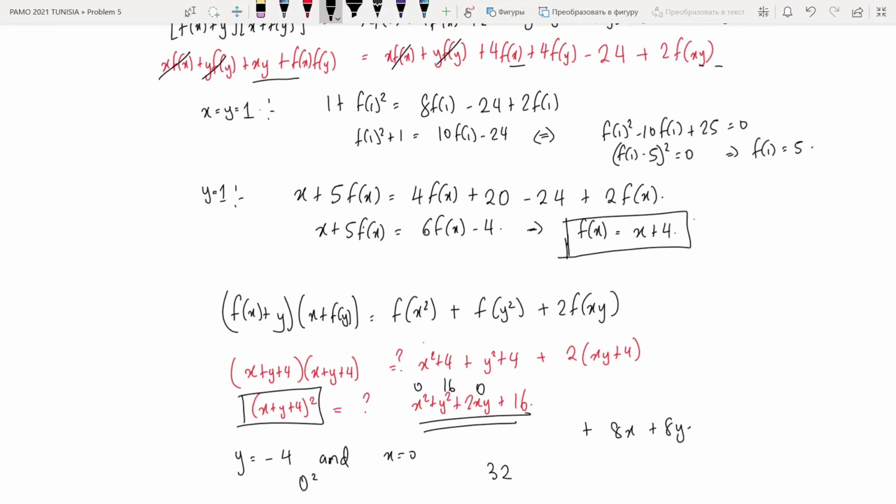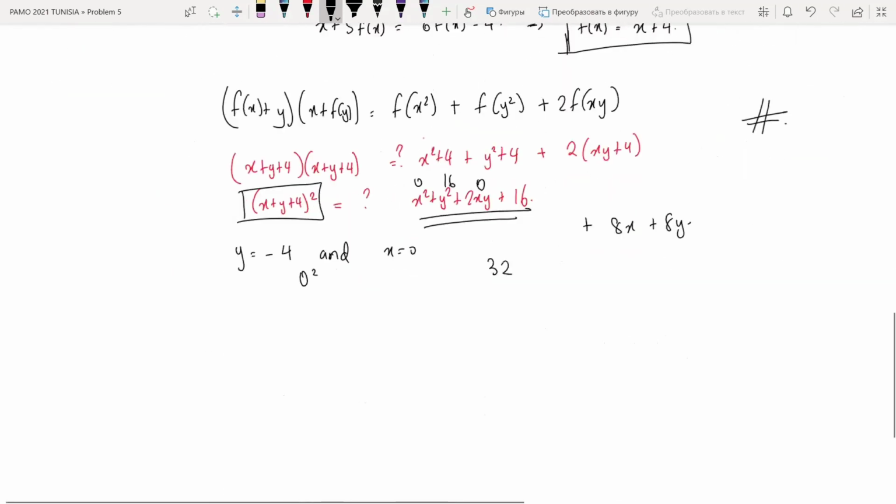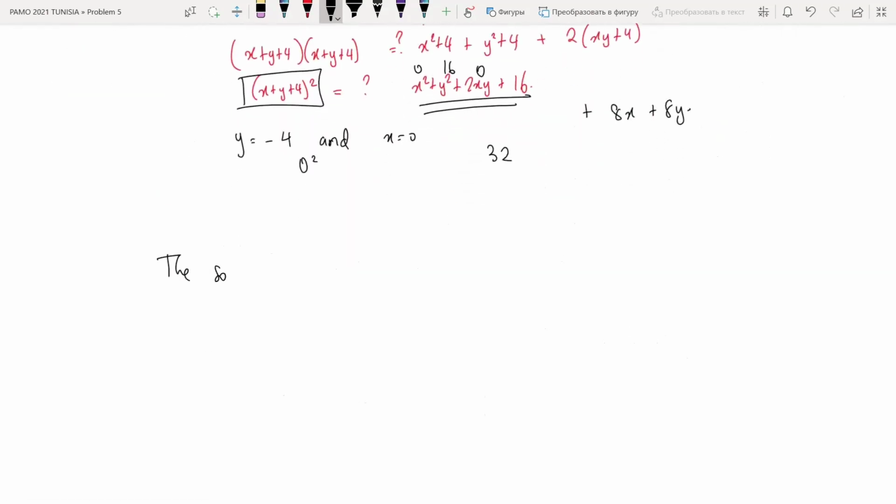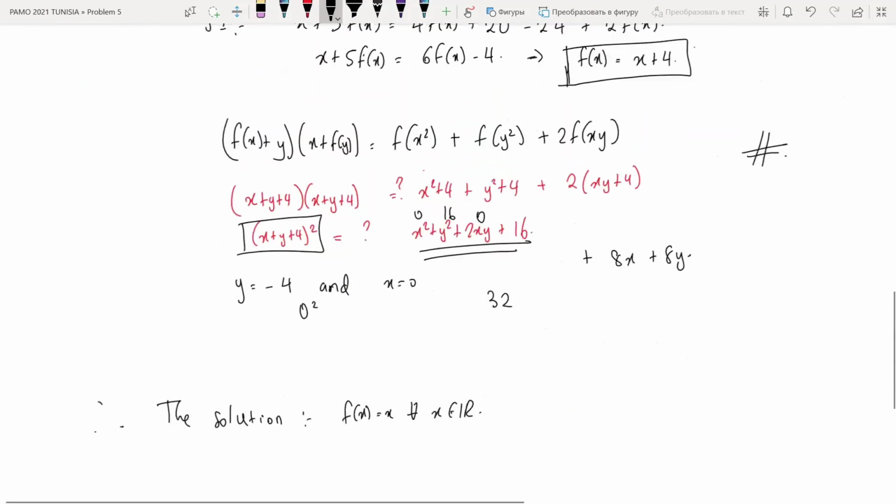So this function, in the case when f of 0 is equal to 4, does not actually satisfy our original equation, so we don't count it. It's wrong. Therefore, the only solution is the one we got in our first case, f of x equals x for all x a member of the real numbers. This is the only solution to this functional equation.